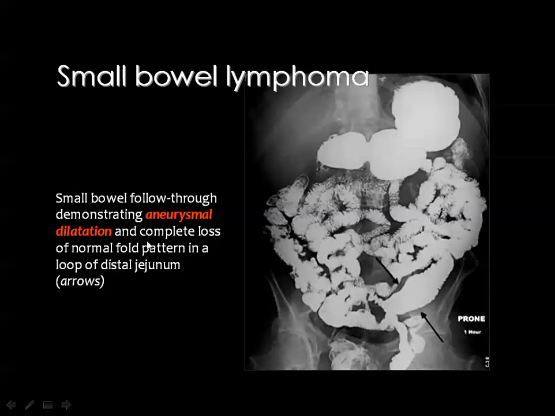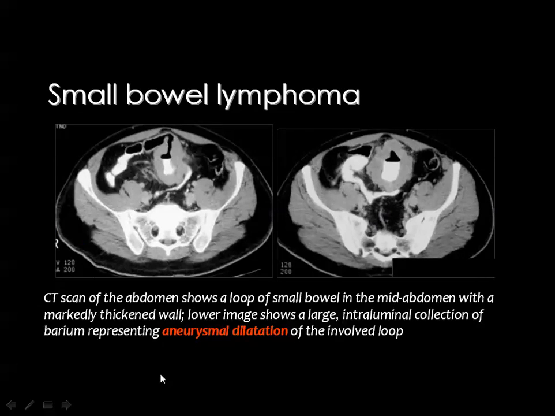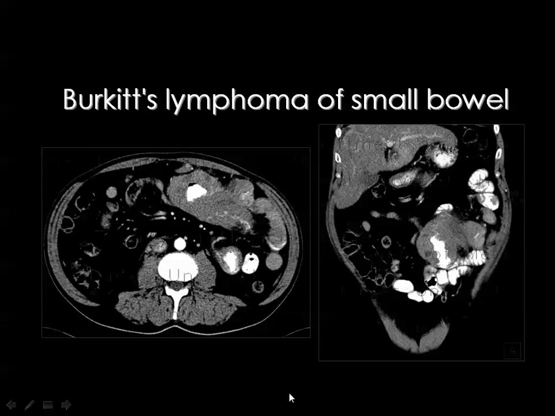And aneurysmal dilatation of the small bowel loop, like this one, is one of the features to suggest the possibility of lymphoma. And this is also by CT, aneurysmal dilatation of one of the bowel loops, and you see the lumen is also dilated, but the wall is markedly thickened due to lymphomatous infiltration.